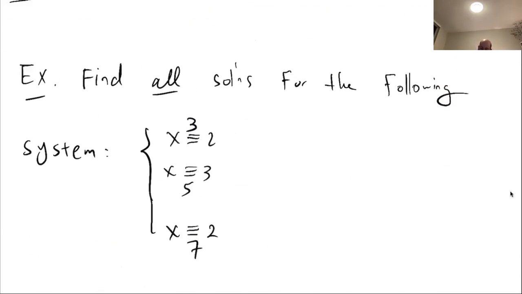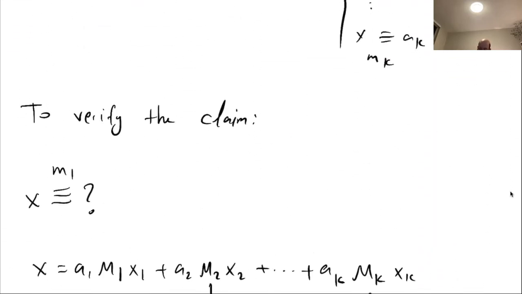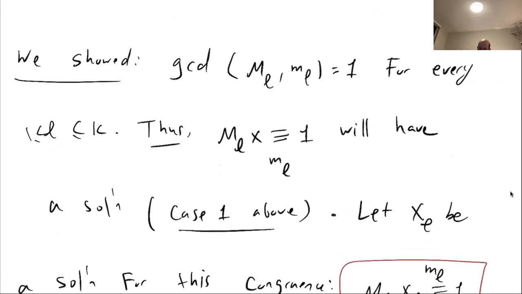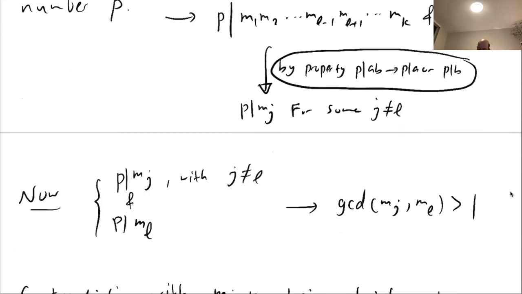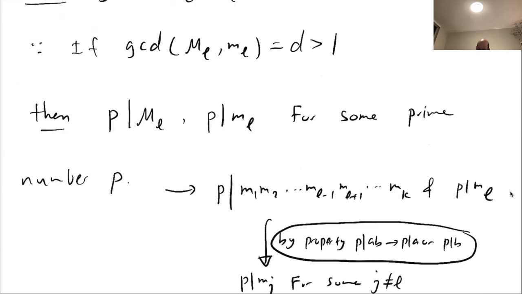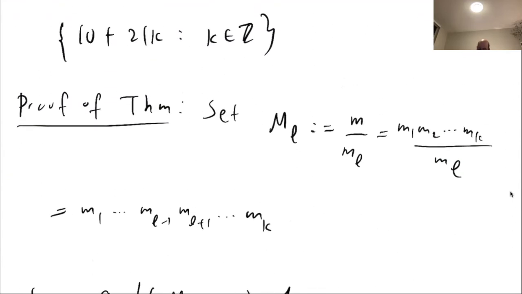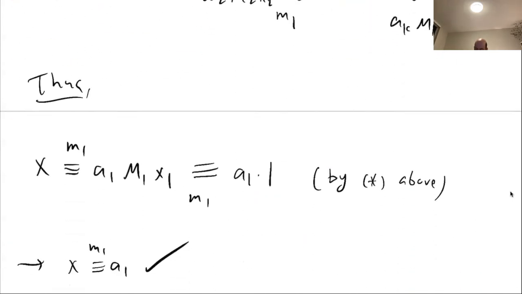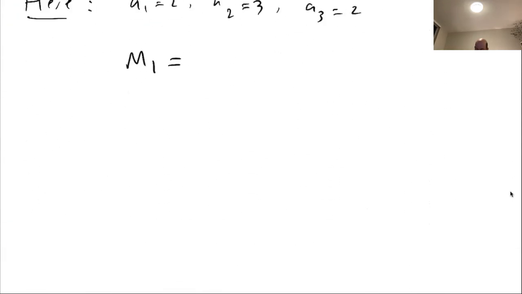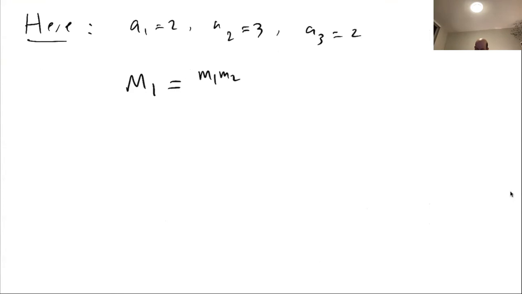Let's look at how we define capital ML. In the beginning of the proof, I told you that capital ML is M, small m, which means the product of m1 to mk divided by small ml. So capital M1 is m1 m2 m3 divided by m1, which is the same as m2 m3.